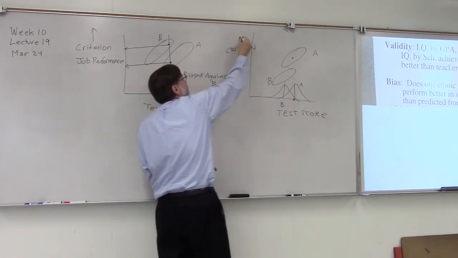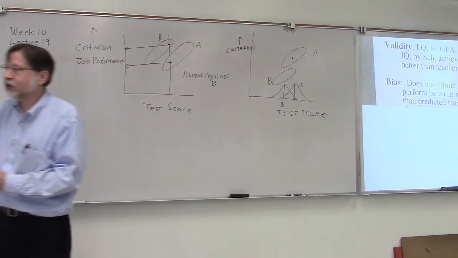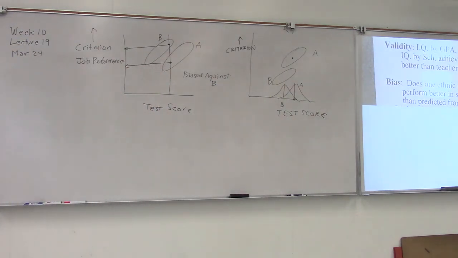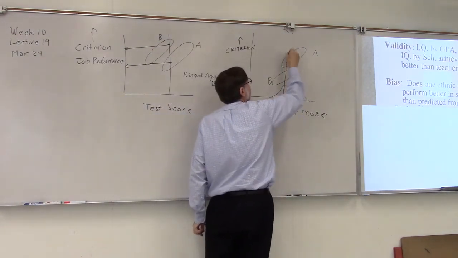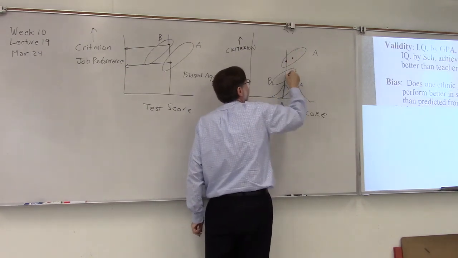Here's the criterion going this way. Which group is this biased against? Well, what we do is we look at, for a given test score, which group is doing better on the criterion, and it's group A that it's biased against in this case.